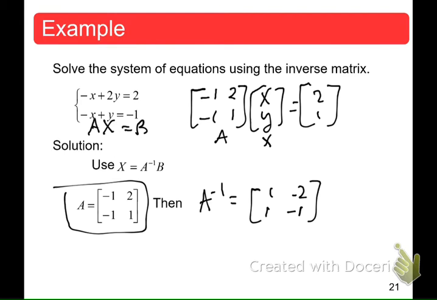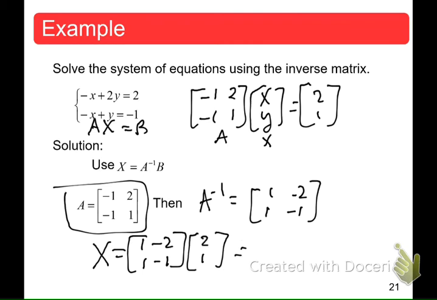So if I want to solve for X, now all I have to do is multiply this inverse matrix, 1, -2, 1, -1, times my matrix B. And matrix multiplication is actually a lot simpler than the Gaussian elimination, the substitution, all the methods we've been doing in the past. If we multiply this through, this is a 2 by 2, this is a 2 by 1, so I should get a 2 by 1.